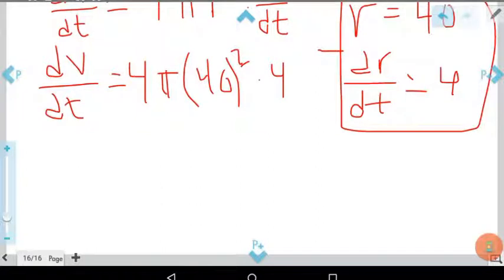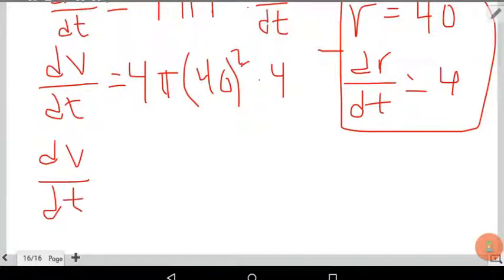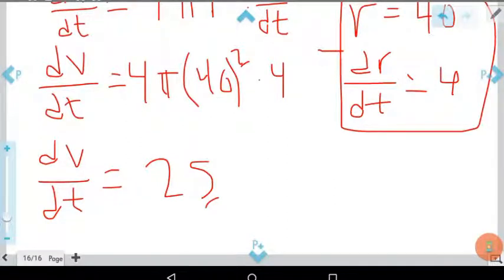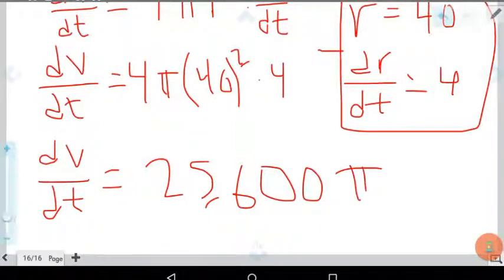So now, just to simplify that, if we plug all this into a calculator, we will figure out that dV/dt would equal 25,600 pi.